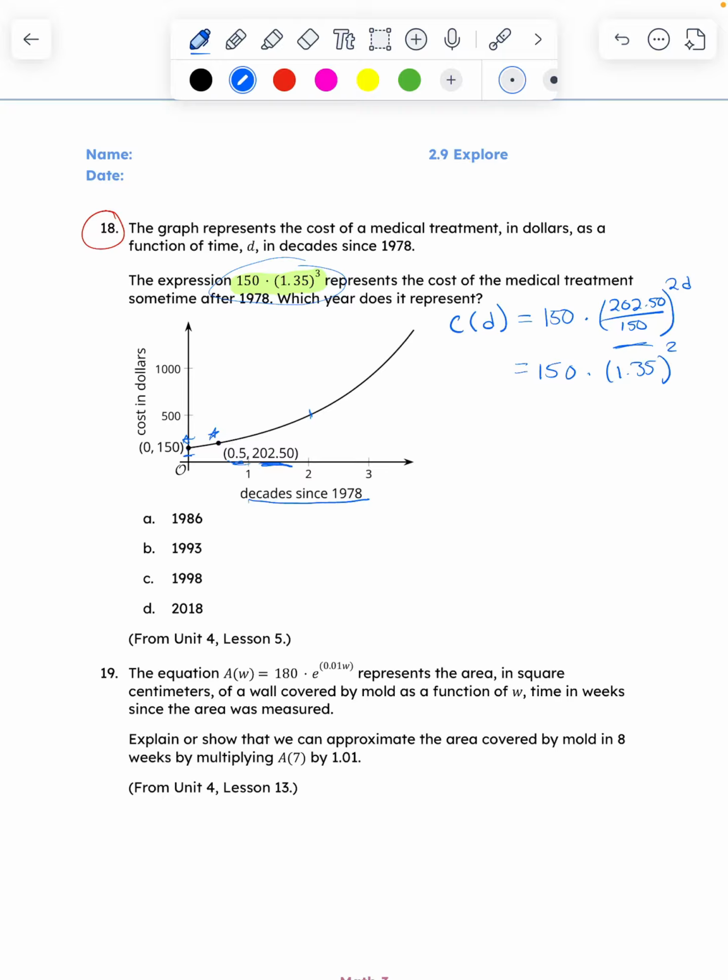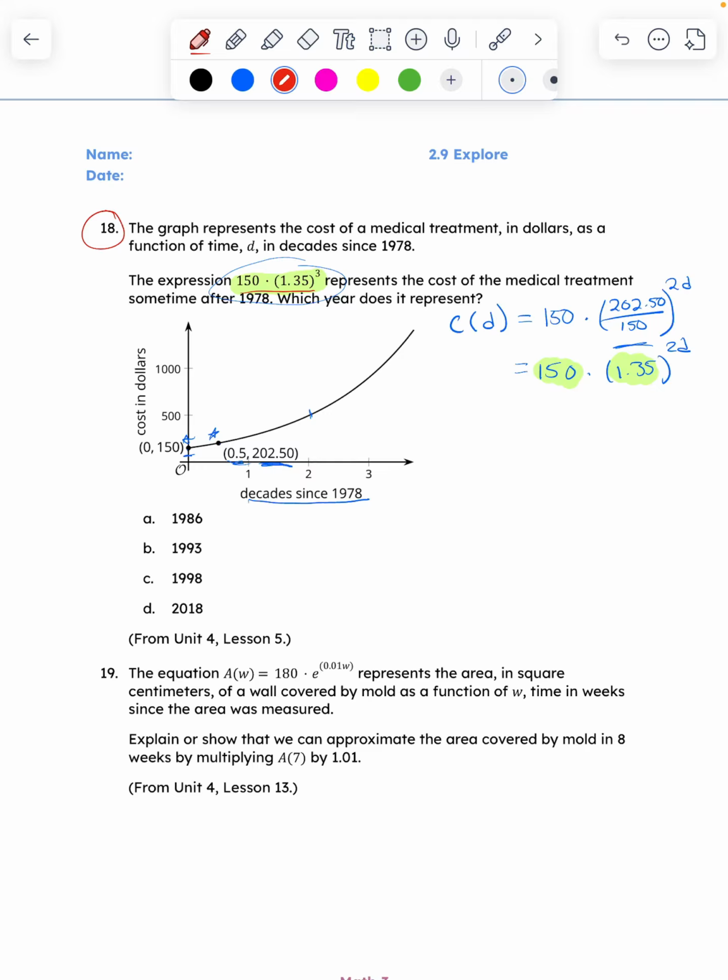So that's exciting because that's my 1.35 from my original, like what I'm seeking, right? And I have that 150 from what I'm seeking, right? So in order for these two expressions to be equal, right, in order for 150 times 1.35 to the third to be equal to 150 times 1.35 to the 2d, those exponents got to be the same, right?